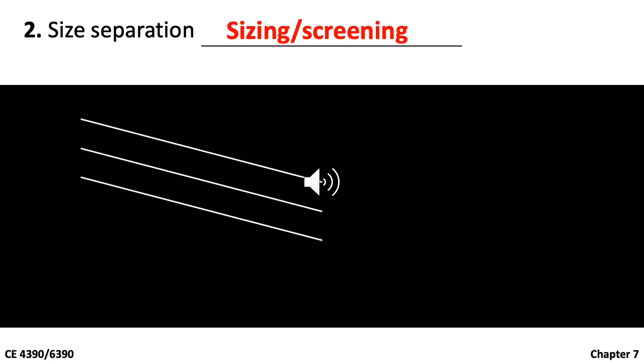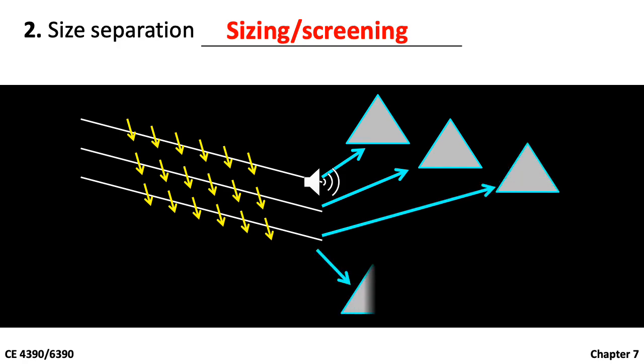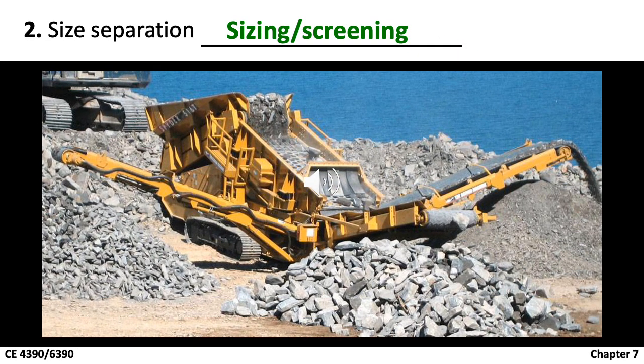These screens have different sizes. Screens with large size are on the top and smaller size in the bottom. Large aggregate that cannot go through a certain screen will be collected and dumped in a separate pile. This is one example of a sizing machine.